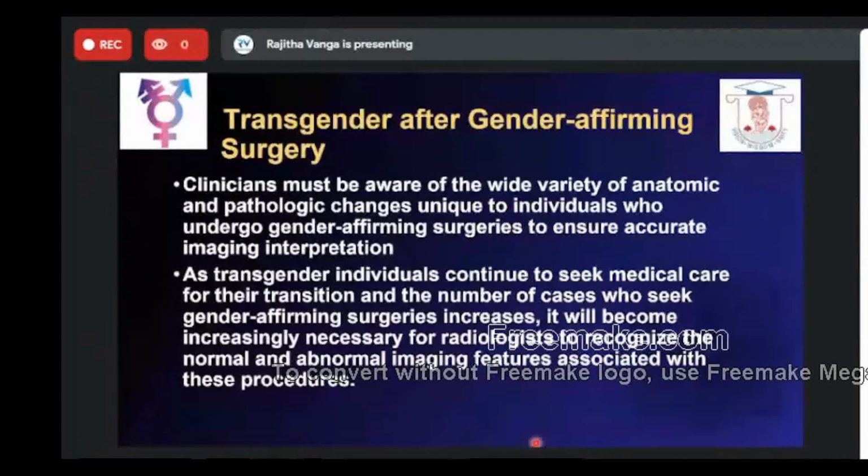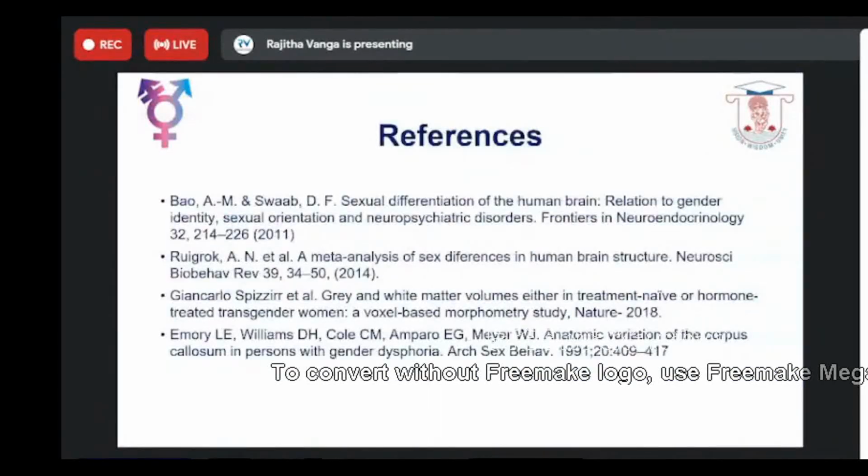As transgender individuals continue to seek medical care for their transition, and the number of cases seeking gender affirming surgery is increasing in today's time, it will become increasingly necessary for radiologists to recognize the normal and abnormal imaging patterns associated with these procedures. So with this note, I'm winding up, and these are the references from where I took this presentation today.